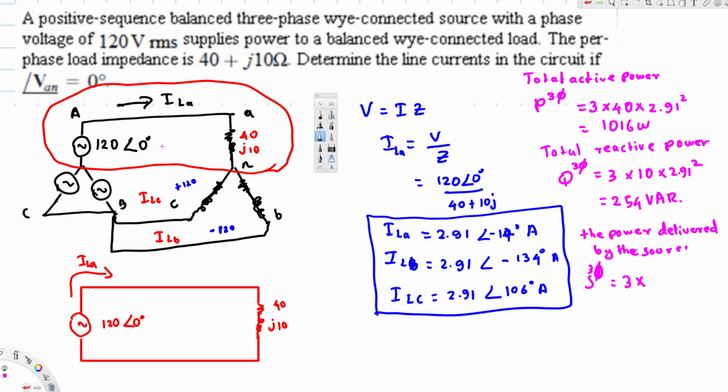In our case V is 120, and for I, the line current, we have ILA, 2.91, and when we take the conjugate, the sign of the angle changes, so it becomes plus 14 degrees. If you calculate this, you get 1016 + j254 VA, and that's going to be the power. I hope this helps. Thanks for watching.